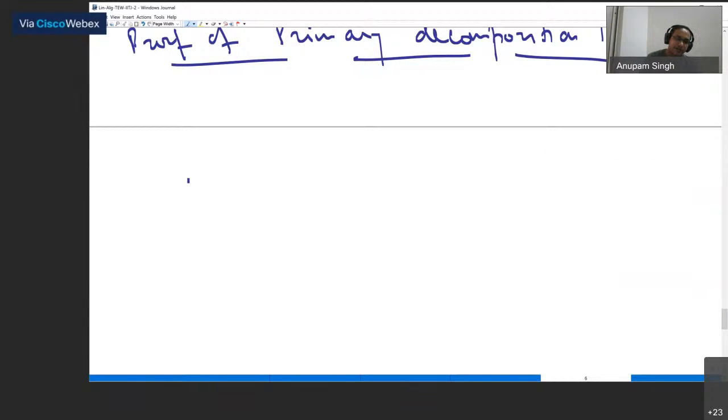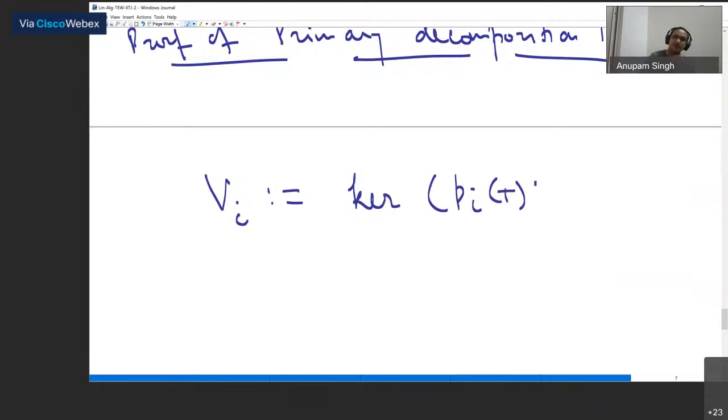We define Vi to be the kernel of p_i(T) to the power n_i. Even if you take m_i, it is fine. It will be the same answer. But either one you can take. It's no problem at all. Okay. So this is what I define to be Vi.